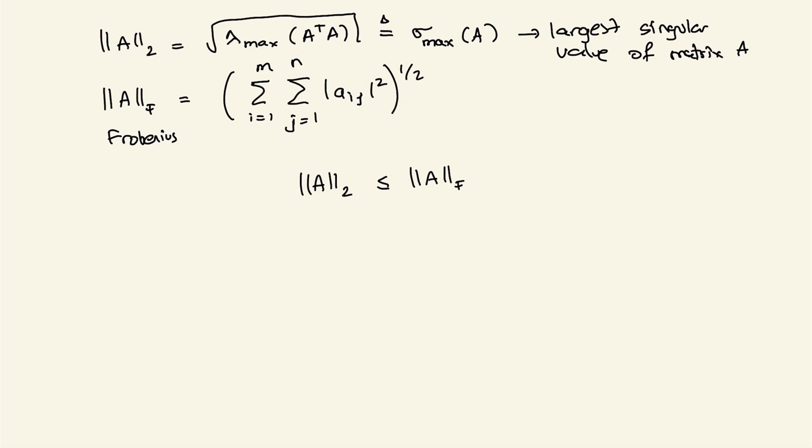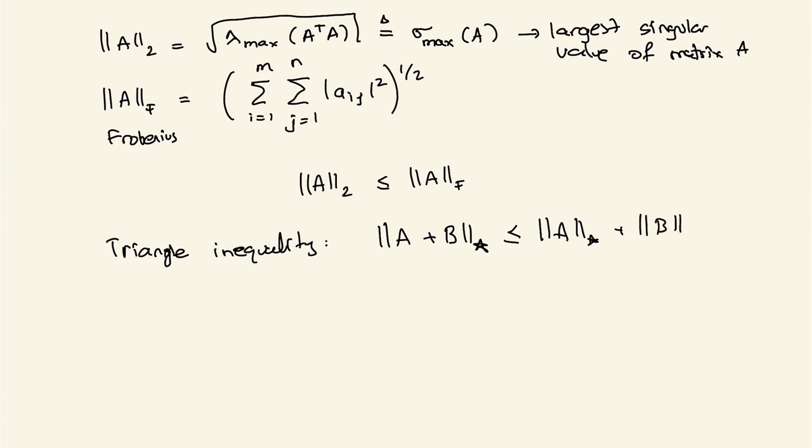Now, I would like to also write the triangle inequality. Basically, the norm of A plus B is at most the norm of A plus the norm of B. This holds for any matrix norm, which I write with a star.